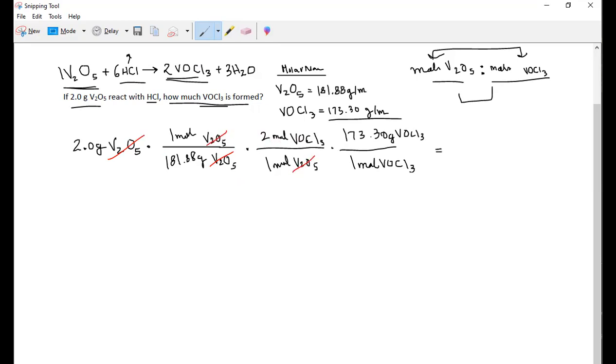You'd be left with moles of VOCl3, and then your moles of VOCl3 would cancel, and you'd be left with grams of VOCl3, which is what you wanted in the problem statement. And eventually, your answer should come out to 3.8 grams of VOCl3. So 3.8 grams of VOCl3 is formed here.